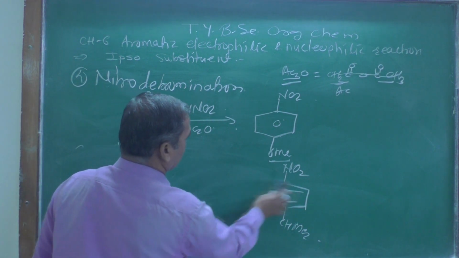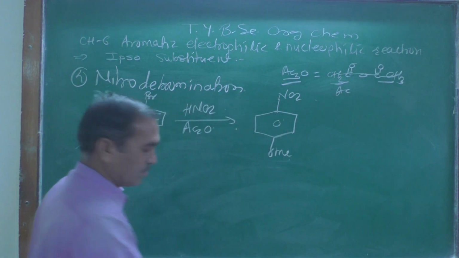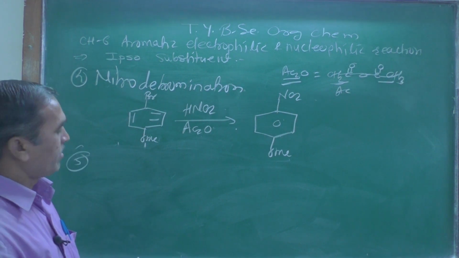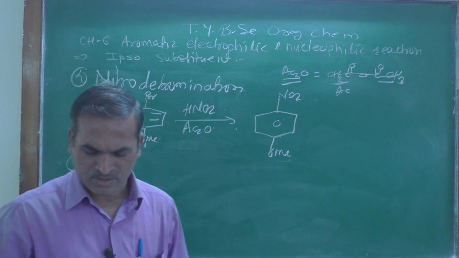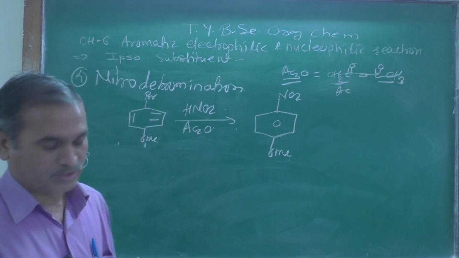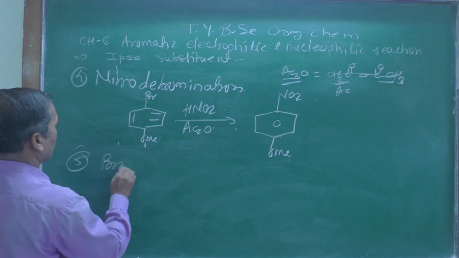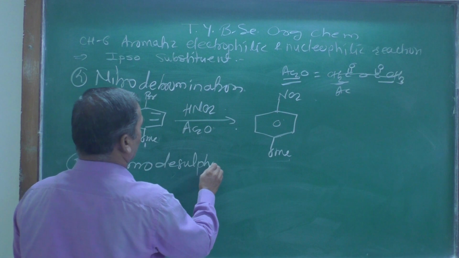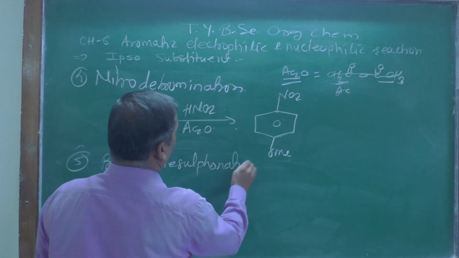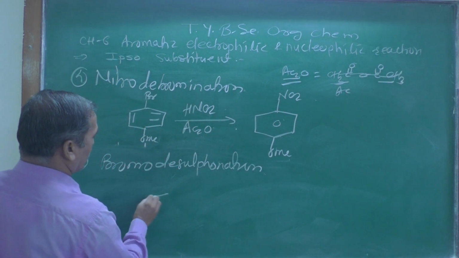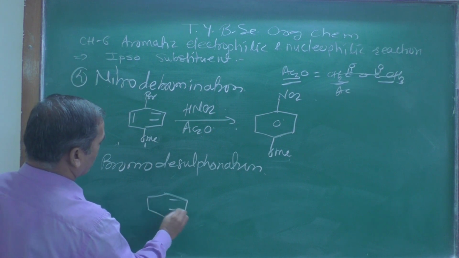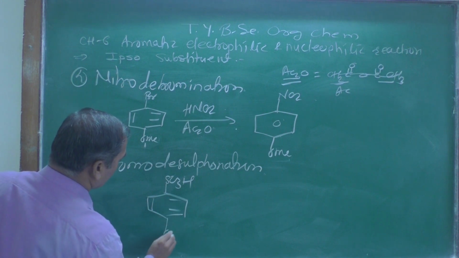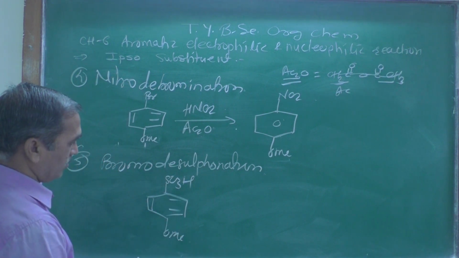The fifth reaction is bromo-desulfonation. Again the starting compound has SO3H and a methoxy group at the para position.